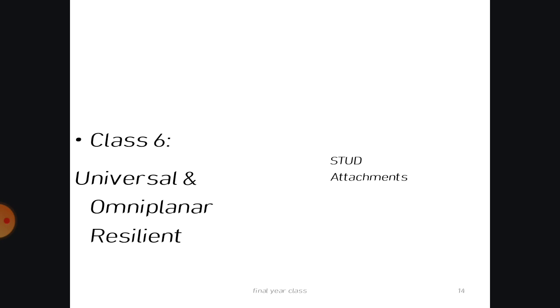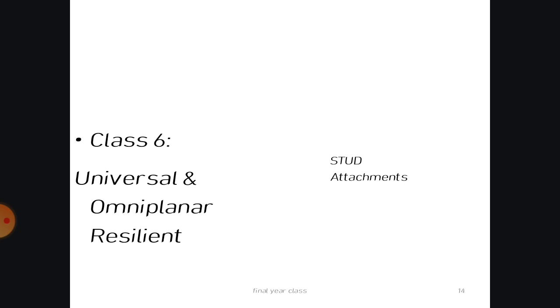So these are the classification of attachments based on the function, that is class 1 to class 6. Class 1 is solid in category. Class 1 has two subclassifications, and class 2 to class 6 is resilient, and it is divided based on the permitted motion, in which plane it is moving.